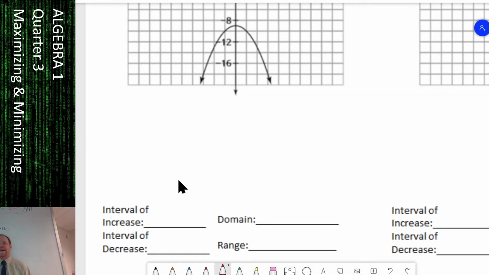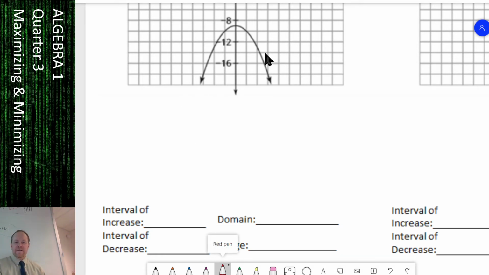If you're in track and you're running intervals, that might mean that you run for a minute slow, a minute medium, and a minute sprint, and do that over and over again. You've got intervals. And so here we're going to separate our x values of our function into intervals where it's increasing and intervals where it's decreasing.